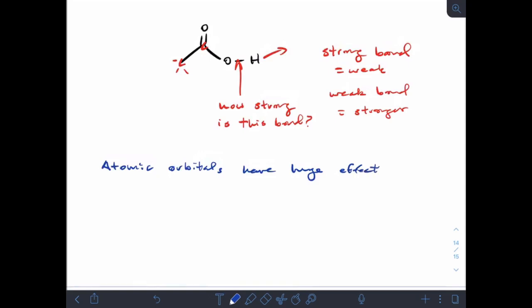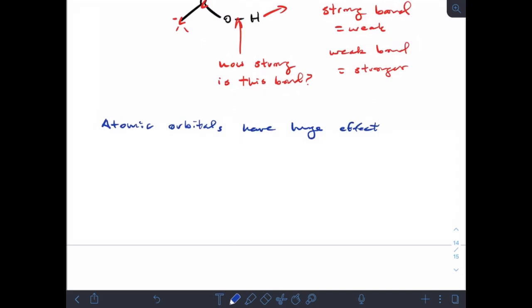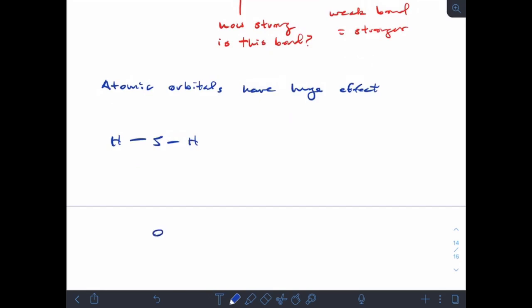To illustrate this, let's look at two different molecules. One is H2S, and the other one is H2O. We want to focus on how strong one of these bonds is.